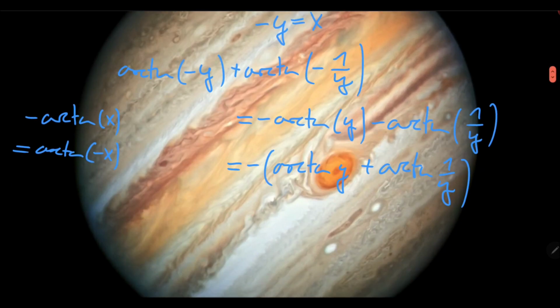But since y is bigger than 0, we already know that this here equals pi over 2. And with this additional minus, we get that if x is smaller than 0, indeed arctan of x plus arctan of 1 over x equals minus pi over 2. And we are done.